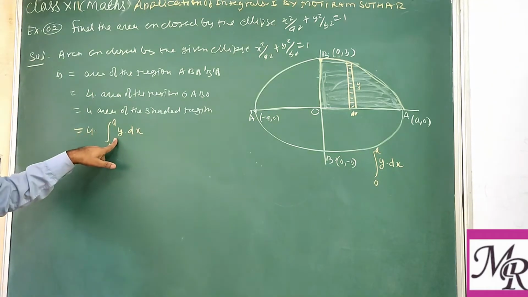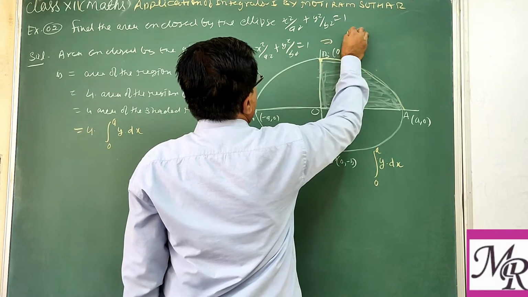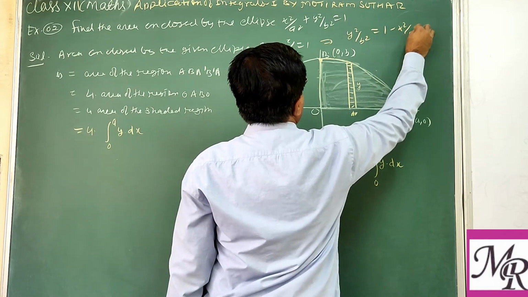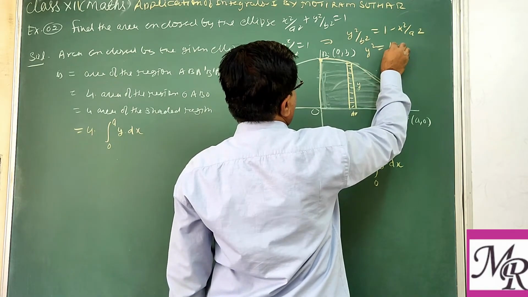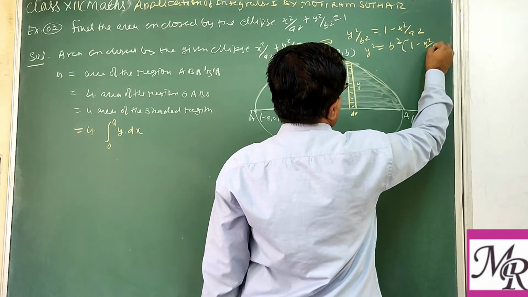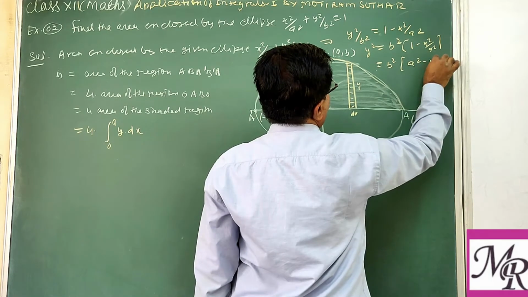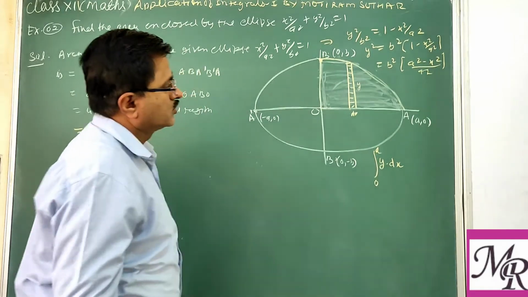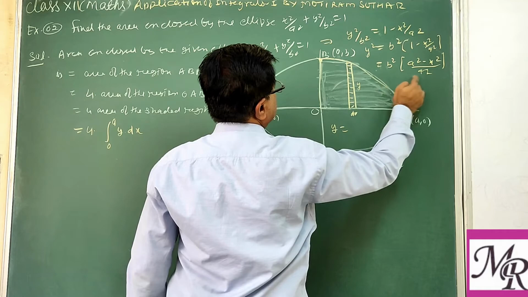Now here also we find the value of y. From this you can say y square upon b square is equal to 1 minus x square upon a square. Or y square equals, cross multiplying, b square into 1 minus x square upon a square. Now take LCM and simplify. So this is y square, and y will be the root of all these.